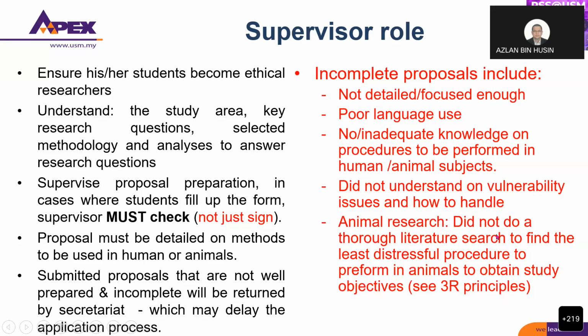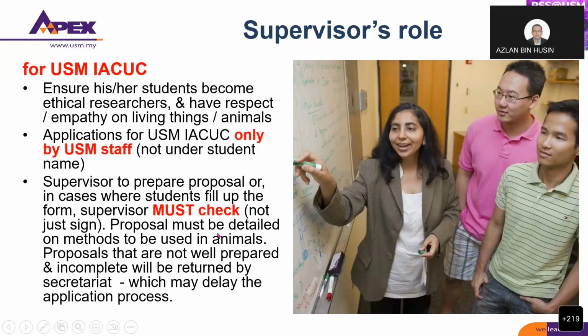This is one of the common findings that was highlighted by the Animal Ethics Committee. And specifically for animal ethics research, the application is only and only made by the staff rather than the student. Okay, some of the form still can be filled up by the student, but the supervisor must check thoroughly, not just sign. I think it's also true for human research.